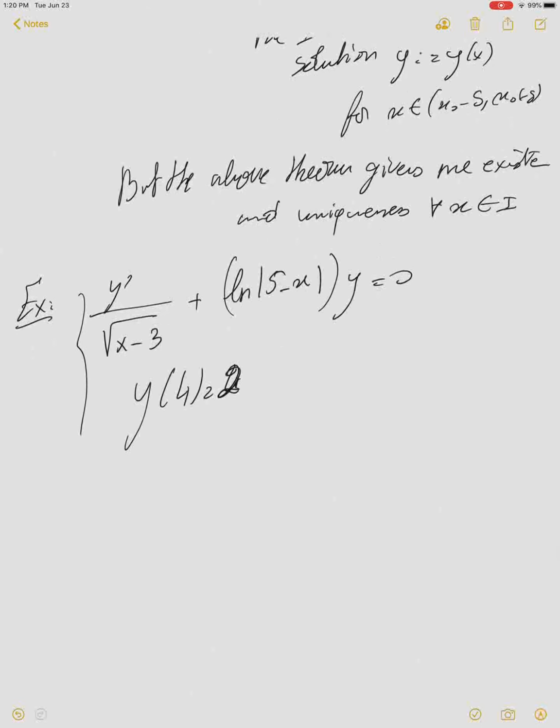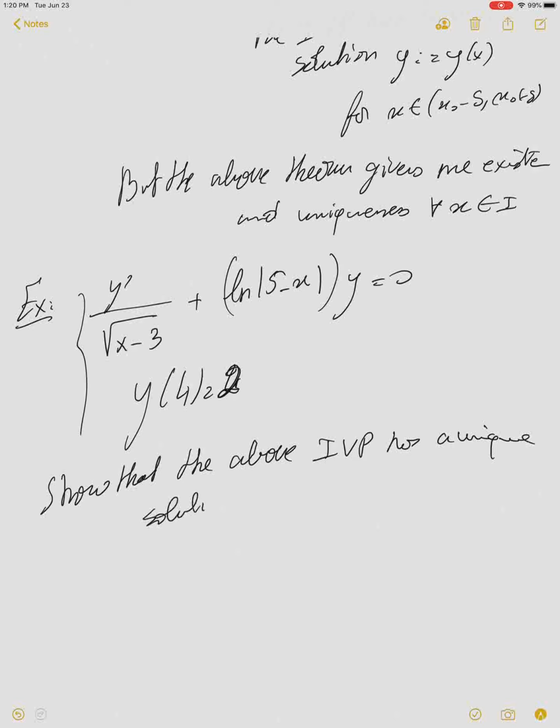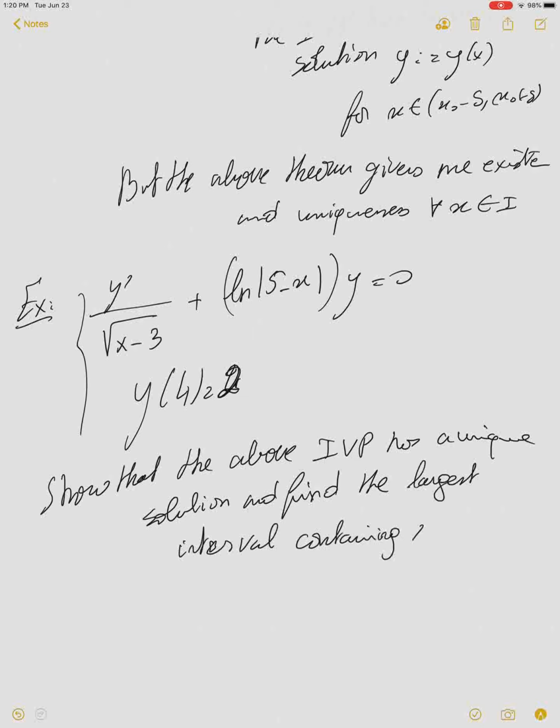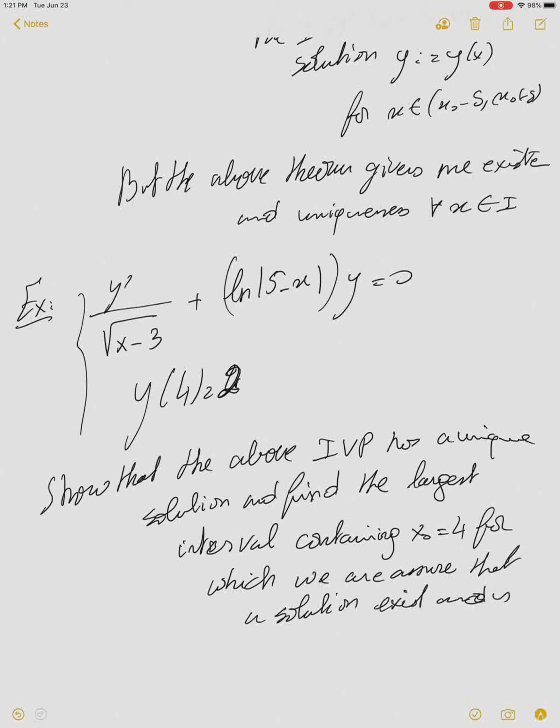And the question is, show that the above IVP has a unique solution and find, without solving, definitely, the largest interval containing x0 = 4 for which we are guaranteed or assured that a solution exists and is unique.